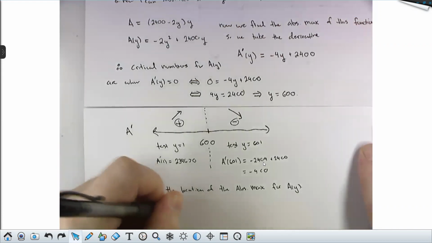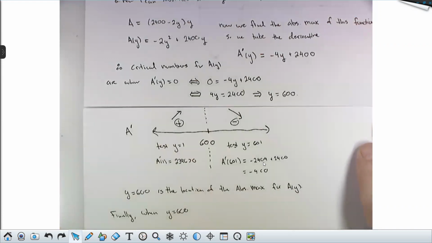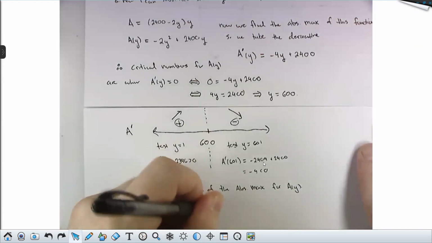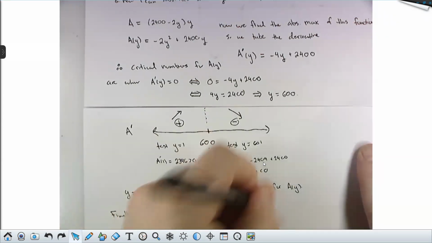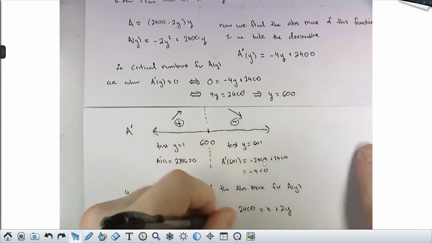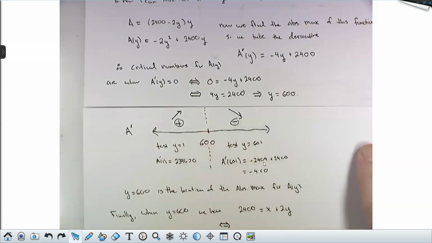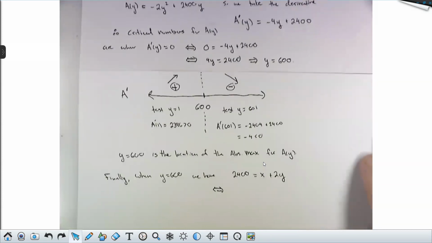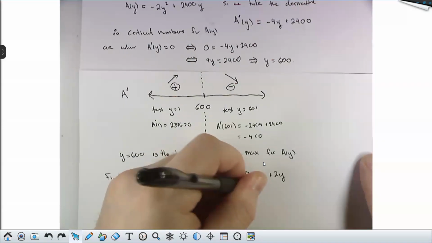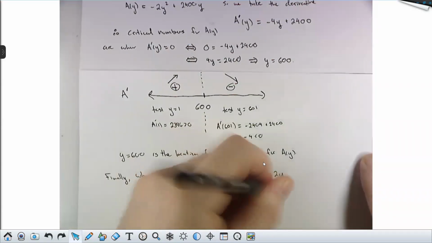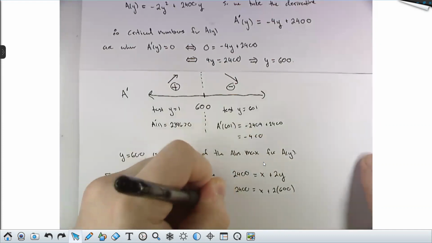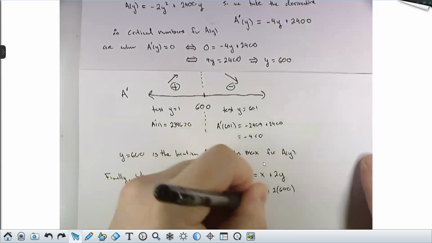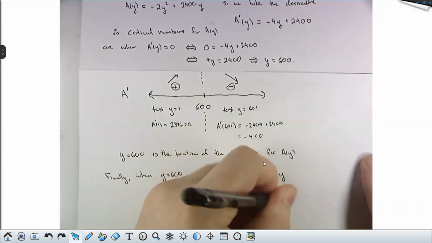So finally, when Y equals 600, we can use the constraint equation to solve for X. We have 2400 equals X plus 2Y. That was our equation relating X and Y. I can plug in 600 for Y, so I get 2400 equals X plus 2 times 600, which says 2400 is equal to X plus 1200.